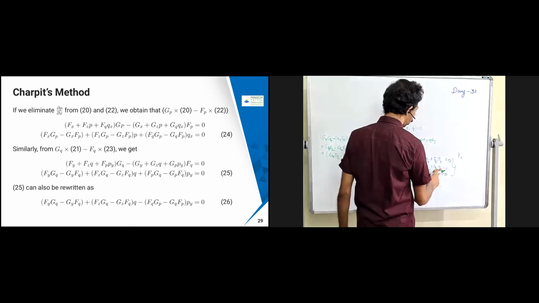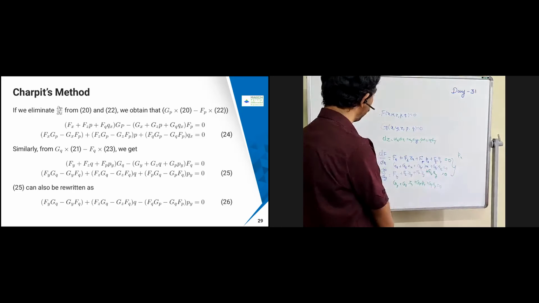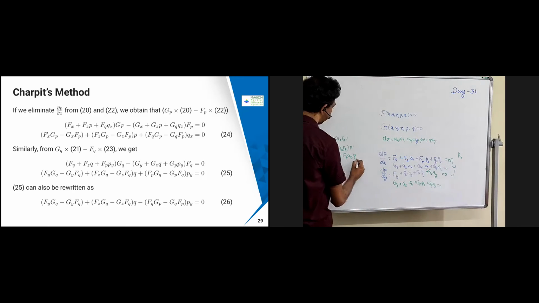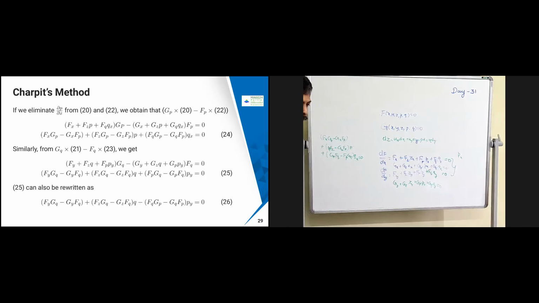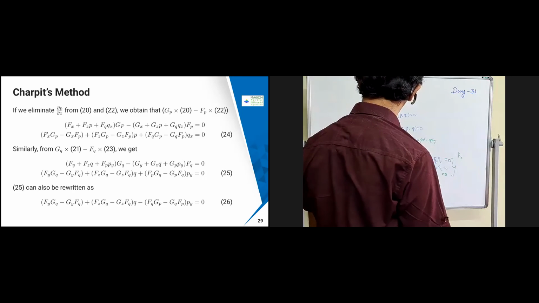So this is going to be qx. Okay, so qx equal to 0. Fx gp minus gx fp is going to come.